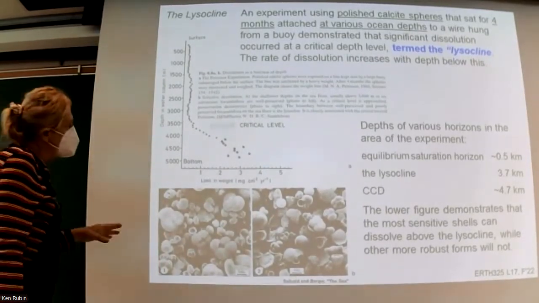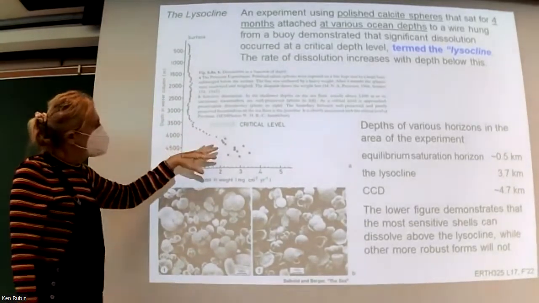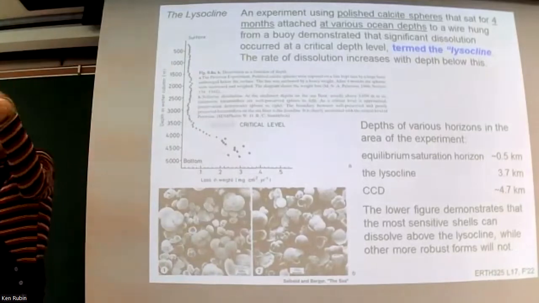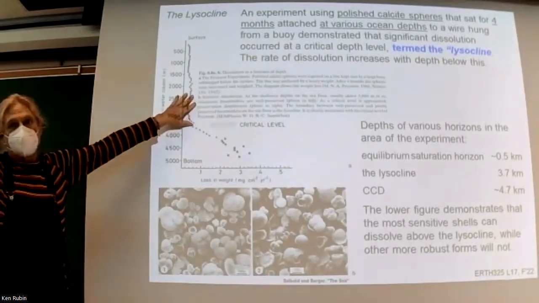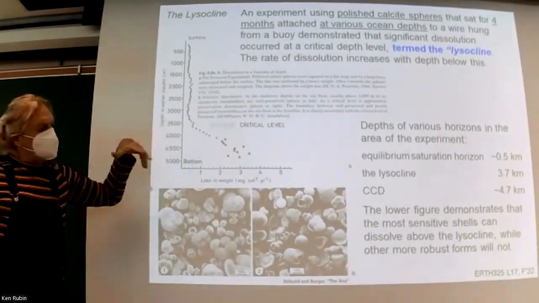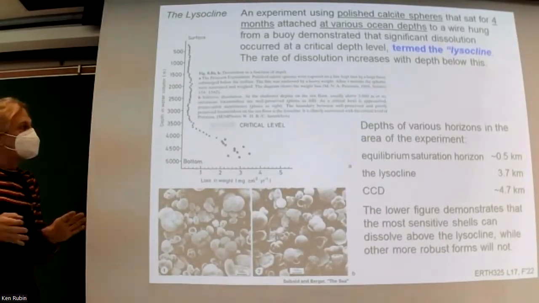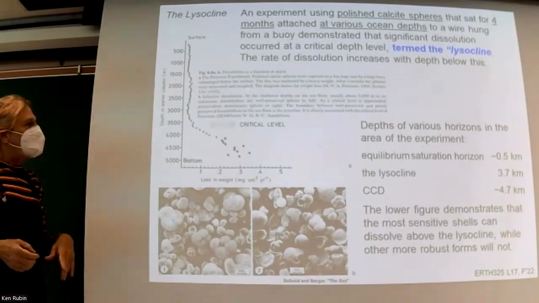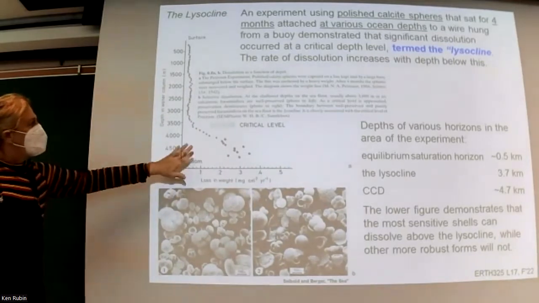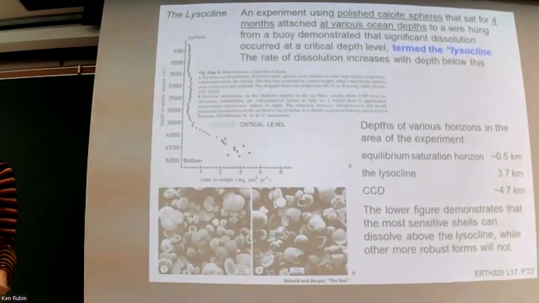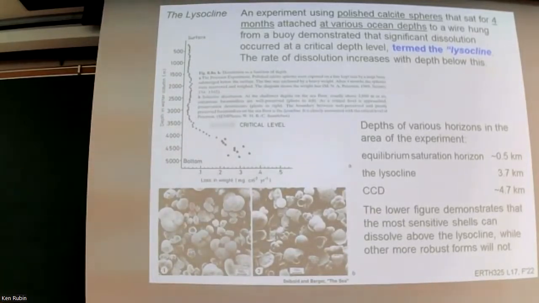So it turns out, and I didn't really mention this previously, that not only is the way in which stuff dissolves a function of supply, which we've mitigated here by just putting the balls in place, but the kinetics of dissolution of calcium carbonate are also pressure and temperature dependent. So the more undersaturated the water is, the easier it is to dissolve calcium carbonate in terms of the speed and the pace.